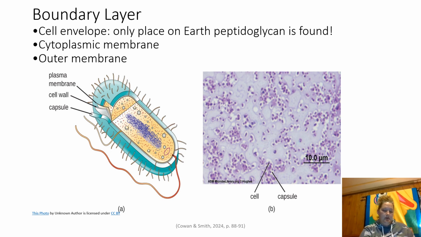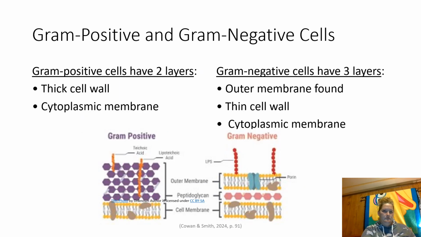It's made up of peptidoglycan, and by the way, that is the only place on Earth where it is found, in the cell wall, and I think that's awesome. And we have the cytoplasmic membrane, a thin sheet that surrounds the cytoplasm. It is that last fine sheet that goes right around it. And the outer membrane is another part of the cell envelope. All three of these are stacked upon one another: the cell wall, the cytoplasmic membrane, and the outer membrane. Let me go right over here and show you.